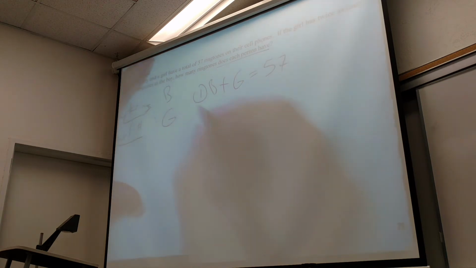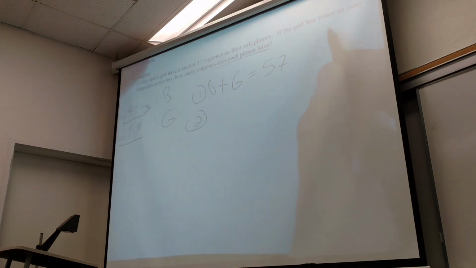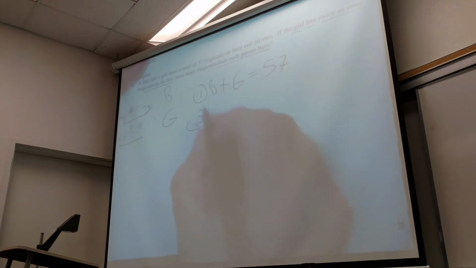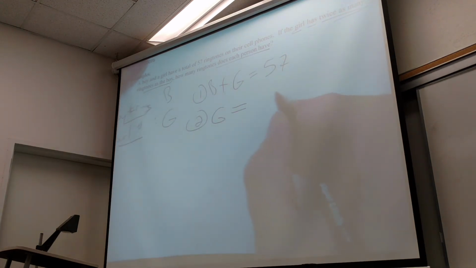The second equation gets more interesting. The girl has twice as many as the boy. So the girl is G. Has probably means equals. Twice as many as the boy, 2B. Let me let you absorb that.